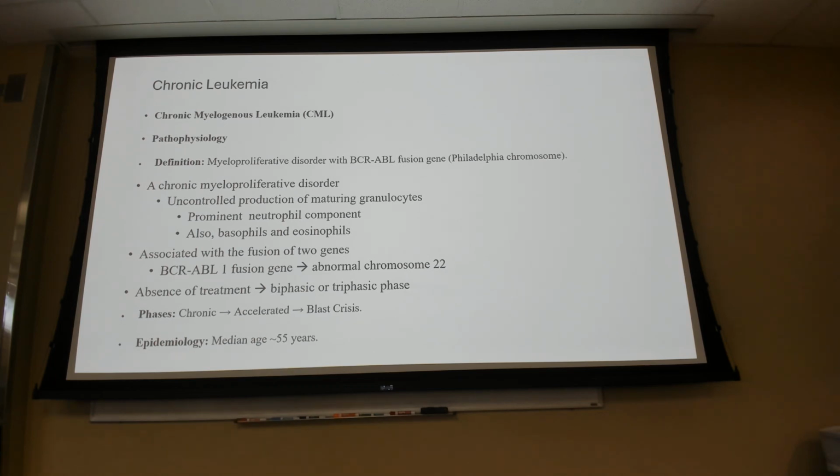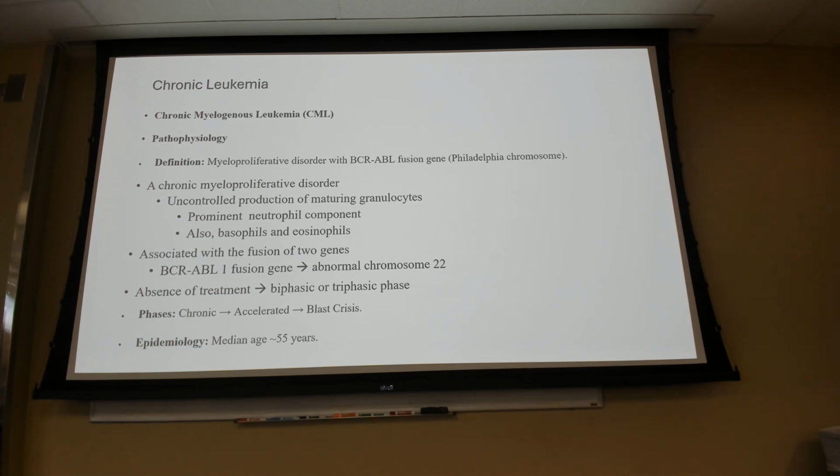Chronic, accelerated, blast. So think of it as triphasic. Most of the time, if you're lucky, you catch them in that chronic phase, they're just kind of humming along, tend to be asymptomatic or mildly symptomatic. Your blasts are less than 20. What's a normal blast count?